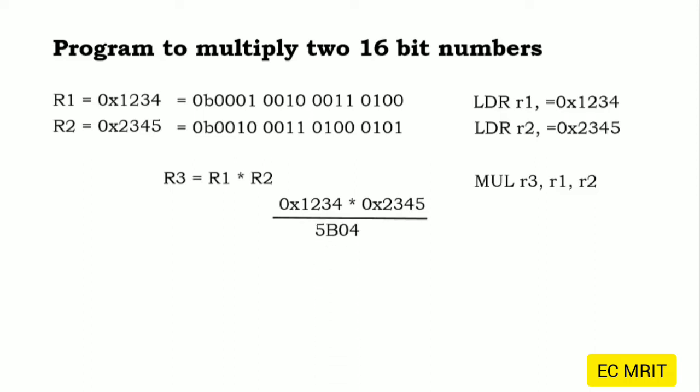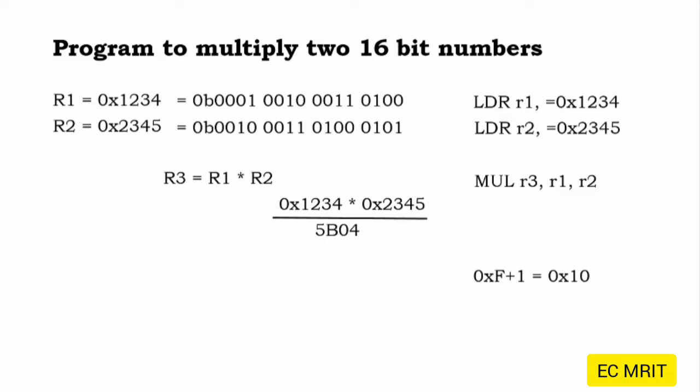So we'll get the value 5B04. How is it? 5 into 4 is 20. 20 is nothing but 14 in hexadecimal. So we'll write 4 here and 1 carry on the top of 3. Next is 5 into 3. 5 into 3 is 15, that is F. F plus 1 carry from the previous multiplication will be 10.